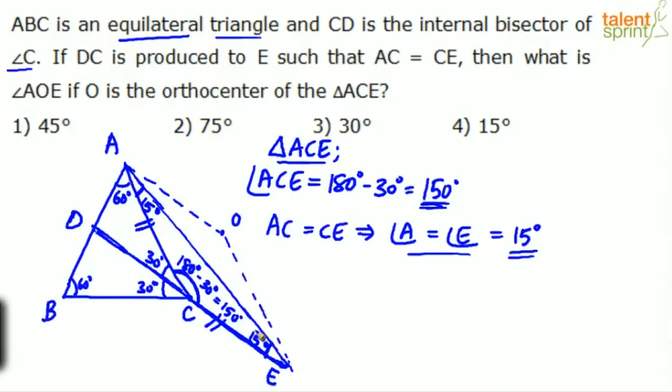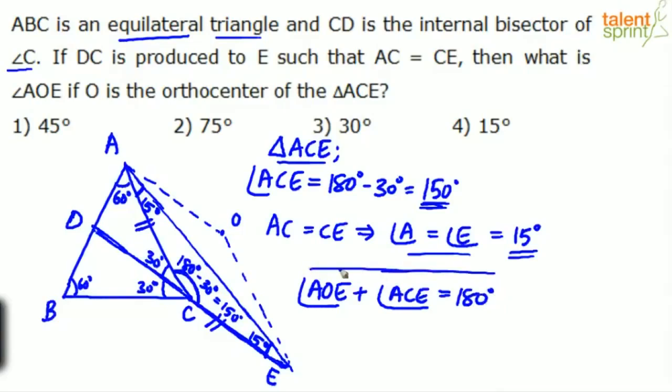Now going by the properties of the orthocenter, you know that angle AOE plus angle ACE should be equal to 180 degrees. Now please don't ask me how, why and all that stuff. This property has been discussed very clearly in this topic of triangle, when we were discussing the orthocenter. See, the angle made by any side with the orthocenter and the opposite angle are always supplementary, which means the sum of these two angles will be 180 degrees.